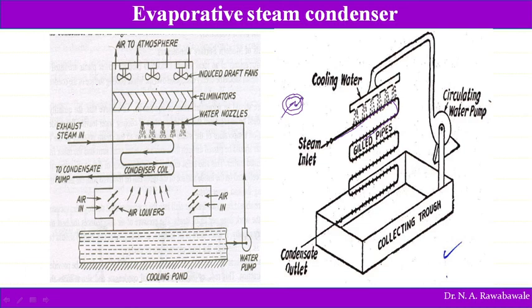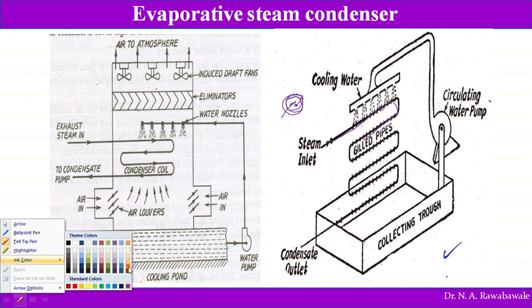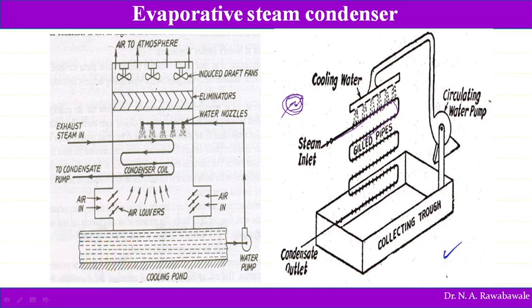water. So this layer of water present around this tube, see here, there is a layer of water around this tube and inside this tube there is steam, so heat transfer takes place.